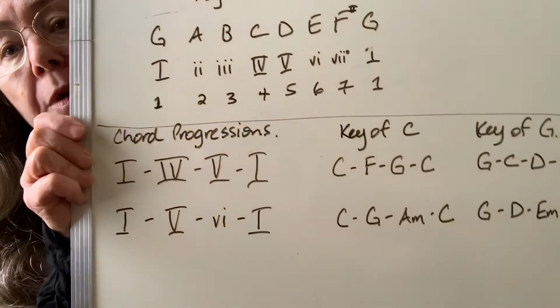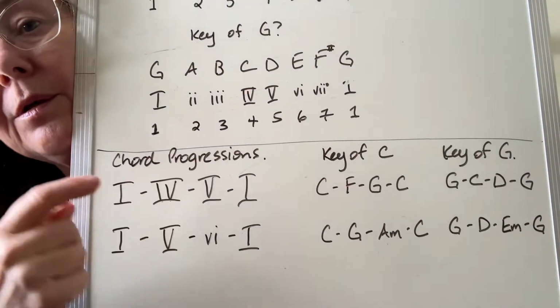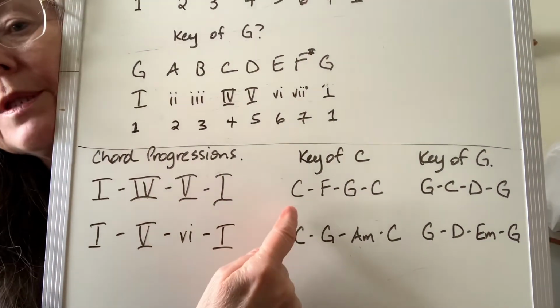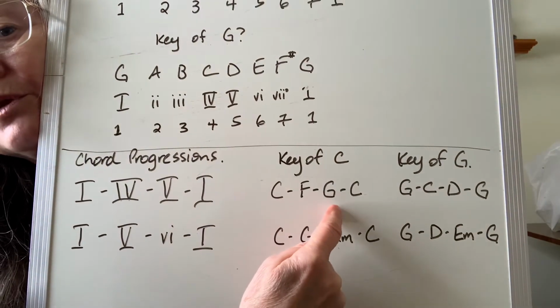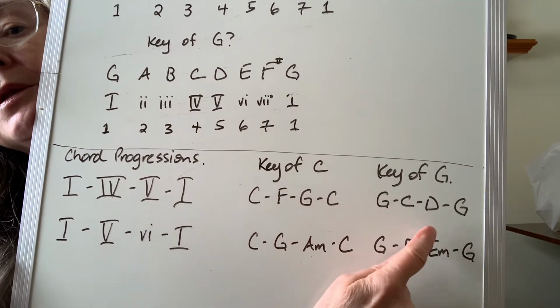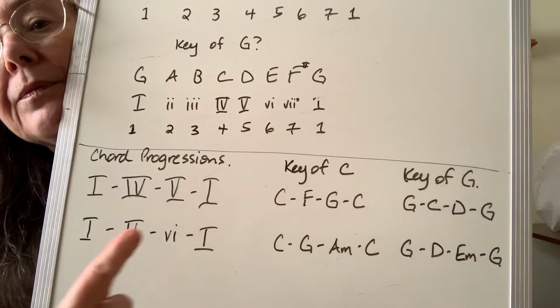So going on, there's our chord progressions from last week. So 1, 4, 5, 1: key of C, C, F, G, C; key of G, G, C, D, G. And those are all chords that you know.